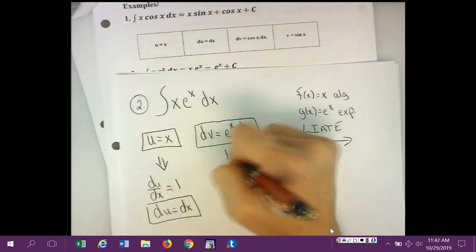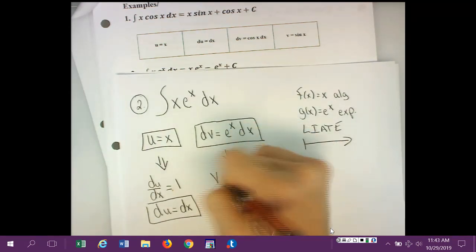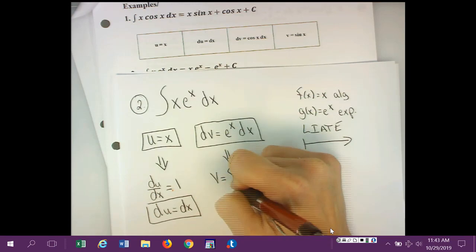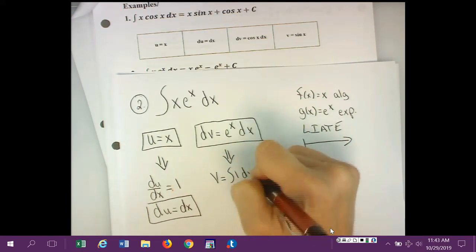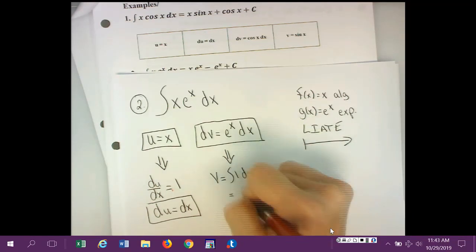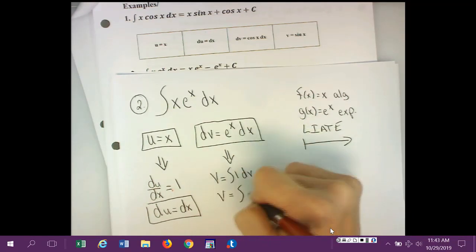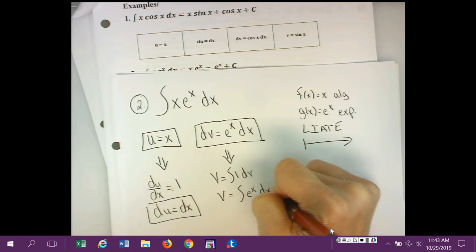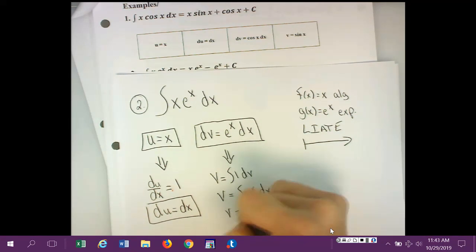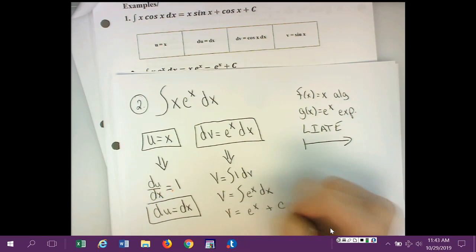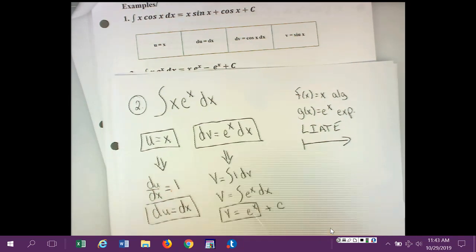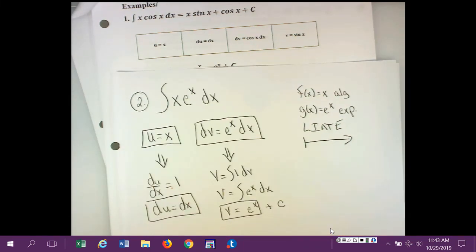Here, once again, v is equal to the antiderivative of an understood 1 with respect to v, which in this case, dv is e to the x dx. And we know that the antiderivative of e to the x is e to the x plus c, but do not include plus c in your box.